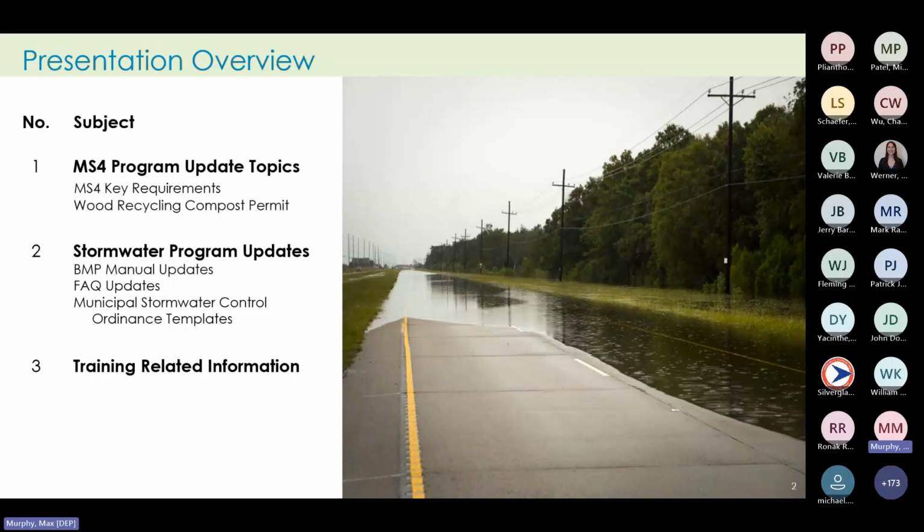Afterwards, Lisa Schaefer will take over to provide you with the updates that have been made to the BMP manual and the webpage pursuant to the adoption on July 17th of 2023 of the Stormwater Management Rule Amendments. After, there will be some course-related information, including the accreditation and evaluation, so please stick around until you are dismissed so you are marked complete for this module. Finally, please leave any questions you have in the chat as we move through the presentation.